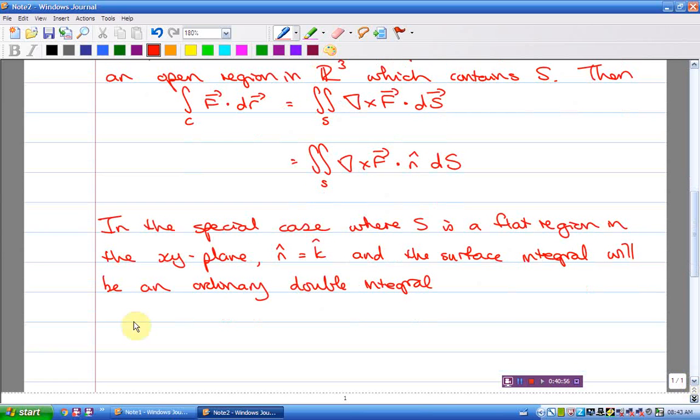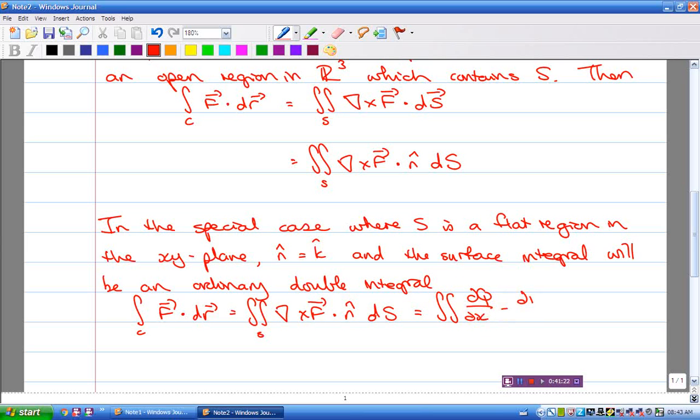And so we would have, if we take our Stokes' theorem formula, which is this thing over here, our curl F, it's a vector, it's got 3 components, but now we're dotting it with the vector 0, 0, 1, so we're left with just the third component, and the third component is dQ/dx minus dP/dy.